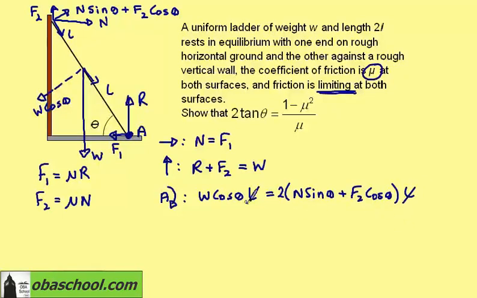The L's cancel, and therefore we get that W cos theta is equal to twice N sine theta plus F2 cos theta.